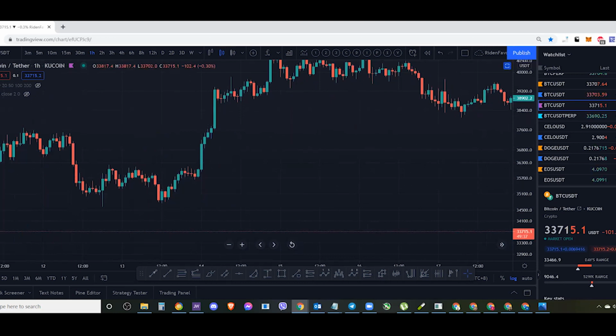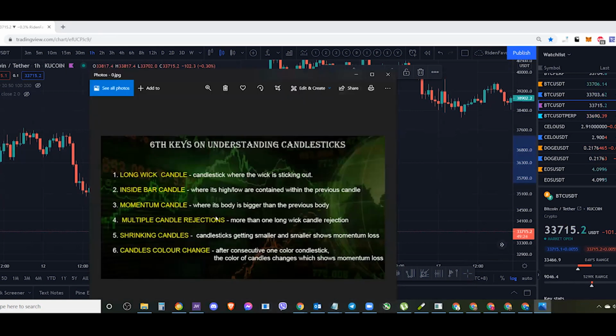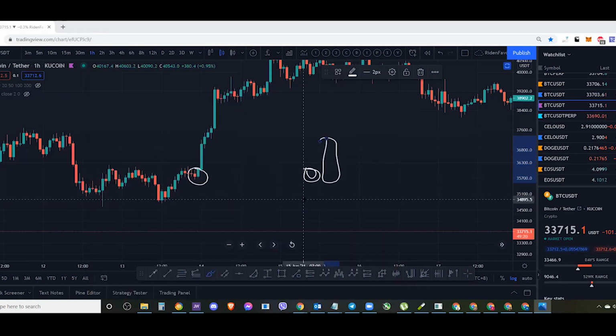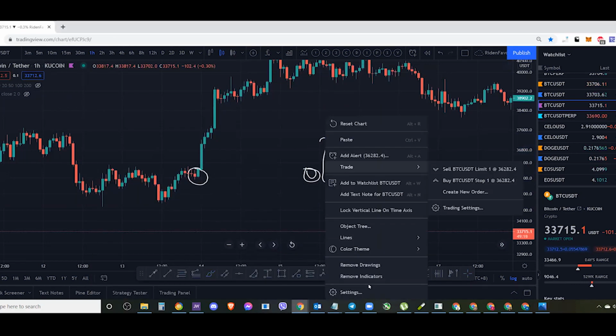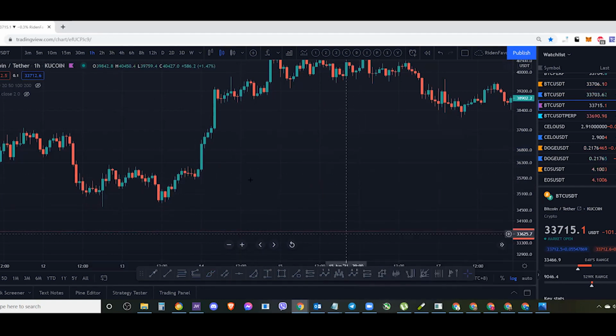At pansinin nyo rin, ano pang momentum nito? Momentum candle, isang maliit na candle, tapos sinundan ng mas malaki. If you remember, this is part of number 3. Tapos nagkaroon ba ng wick candle? Sa ngayon dito wala tayong long wick na nakita.